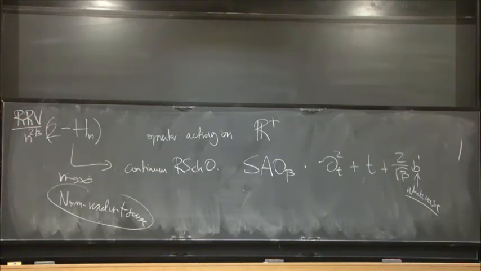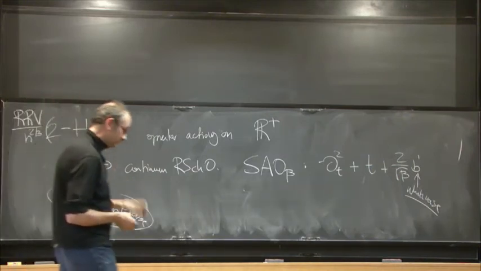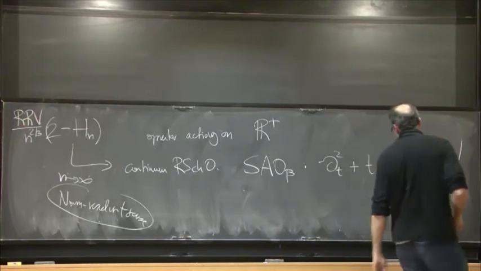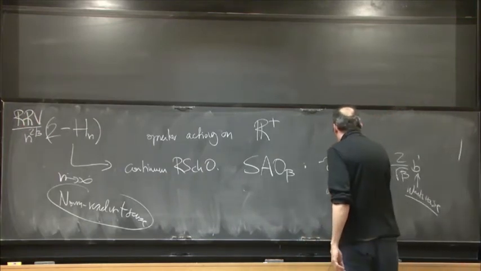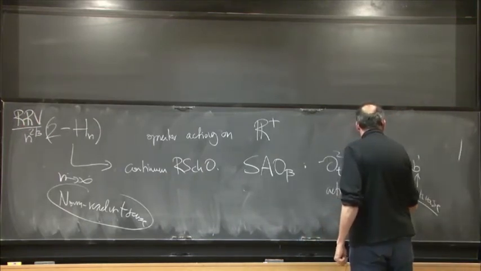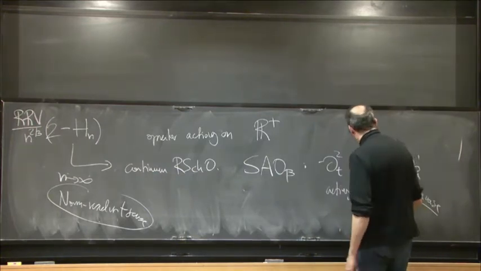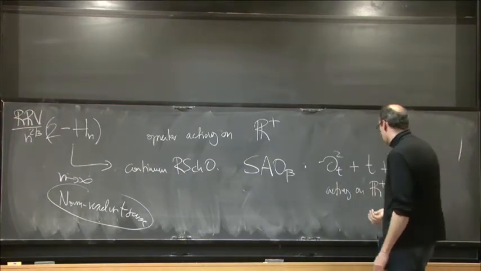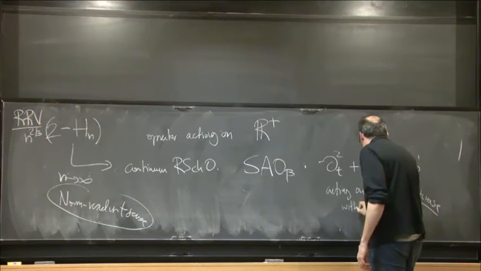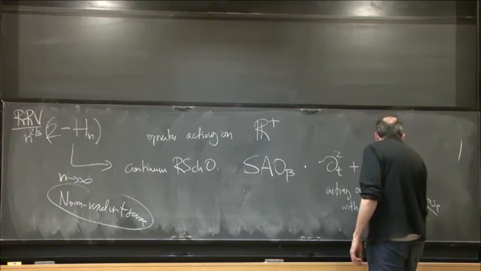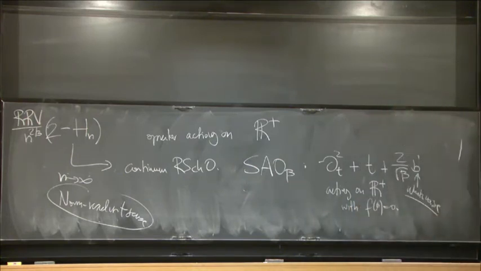So it's all as strong as you want it. So this is again acting on functions from R plus with f(0) equal to 0, so with Dirichlet boundary conditions.